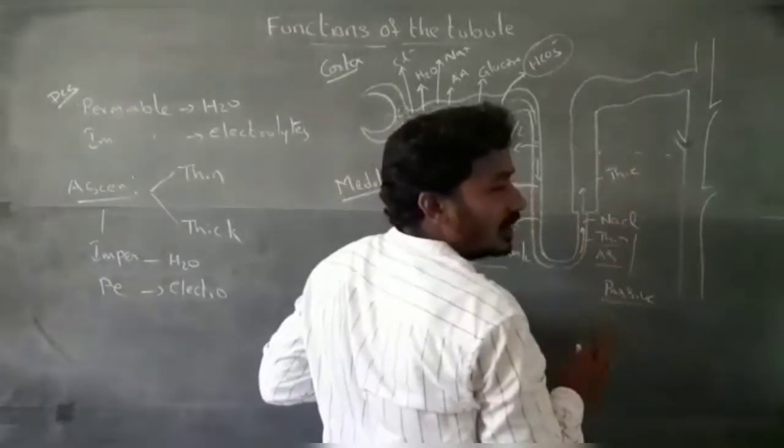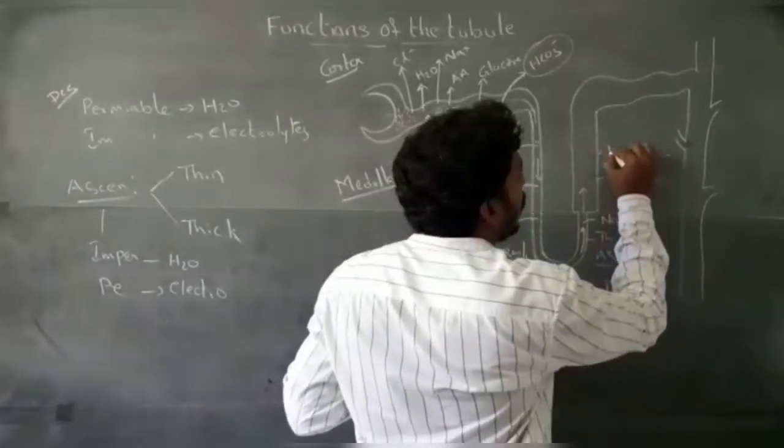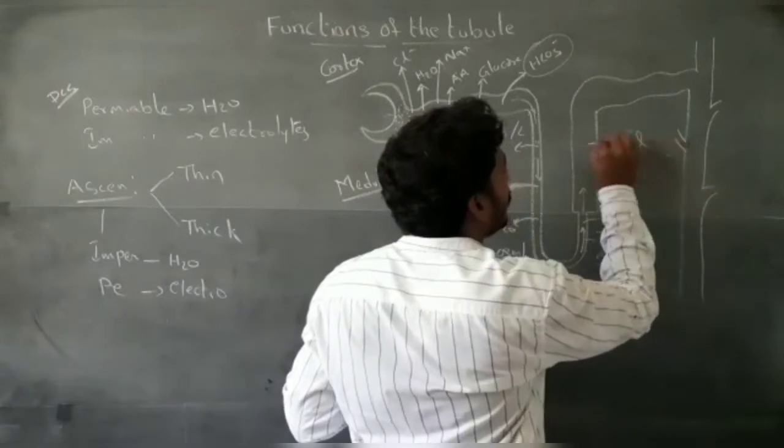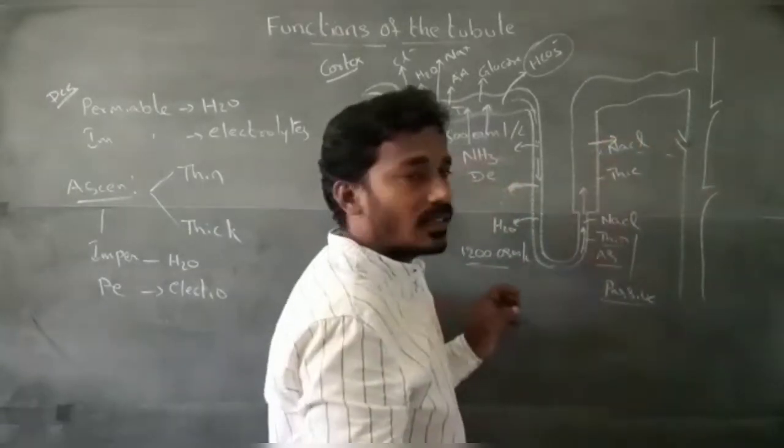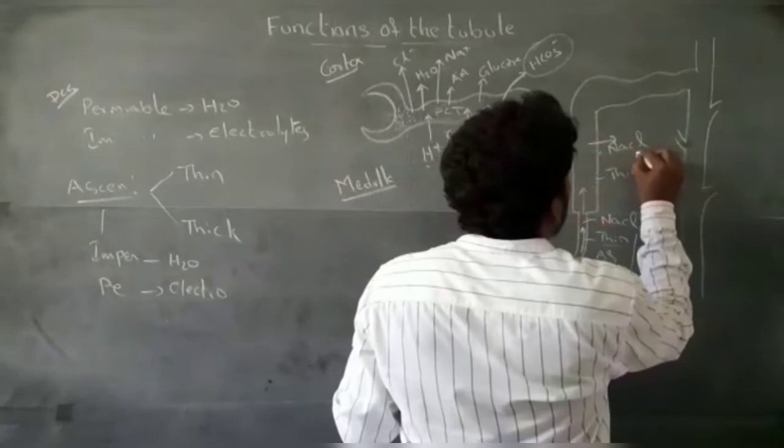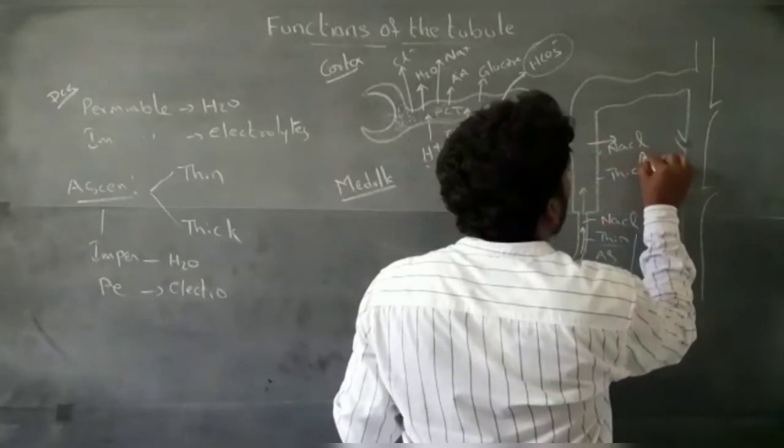In the thick region, sodium chloride is absorbed by active transport.